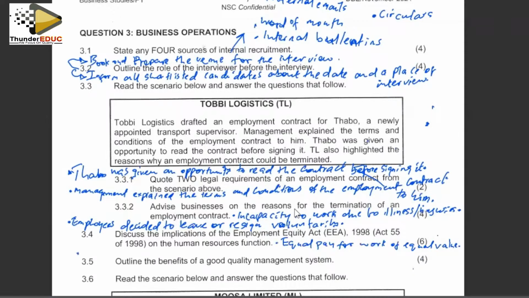And also, it ensures that affirmative action promotes diversity in the workplace.